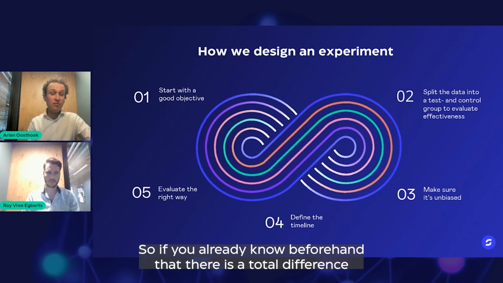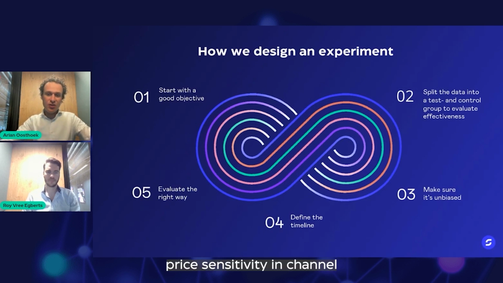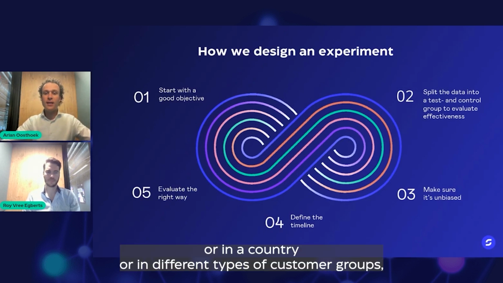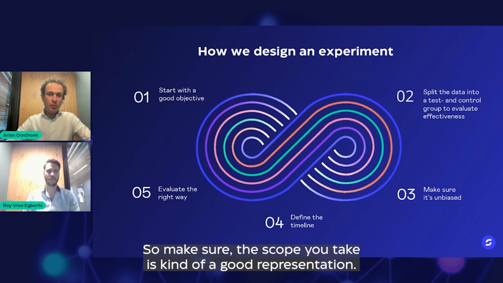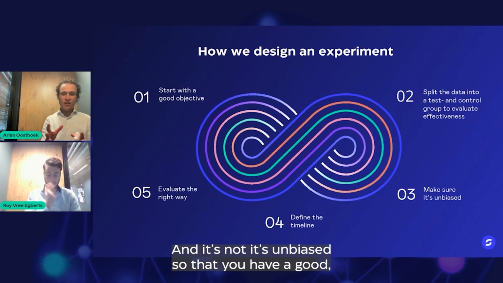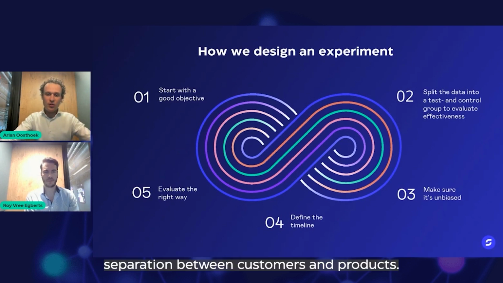If you already know beforehand that there is a totally different price sensitivity in a channel, in a country, or in different types of customer groups, then it's not a very good scope for this experiment. So make sure the scope you take is a good representation and unbiased, so that you have a good separation between customers or products.